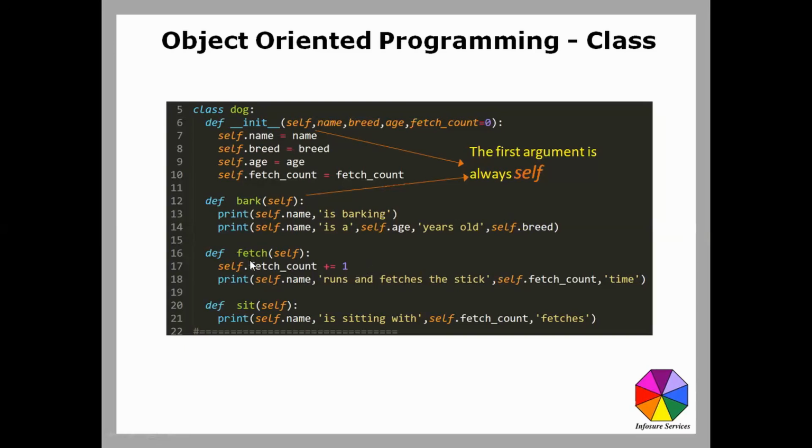You don't have to set it directly. In this case the class is Dog, so the object could be my pet, dot fetch count, and that will increment. So you are protecting that, encapsulating the properties and methods together into a class.